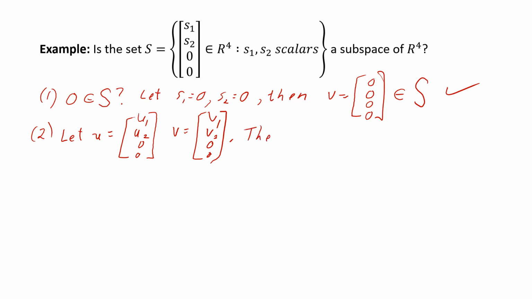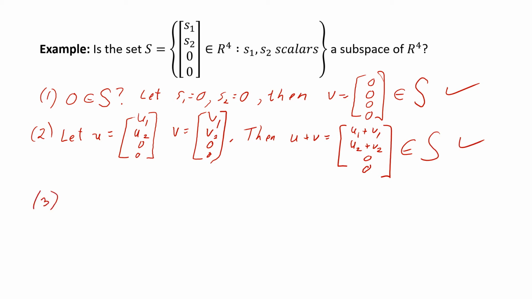Then U plus V is equal to U1 plus V1, U2 plus V2, 0, 0. What is this? This is a number, and two zeros. That is in S. So yes, the second condition is satisfied.